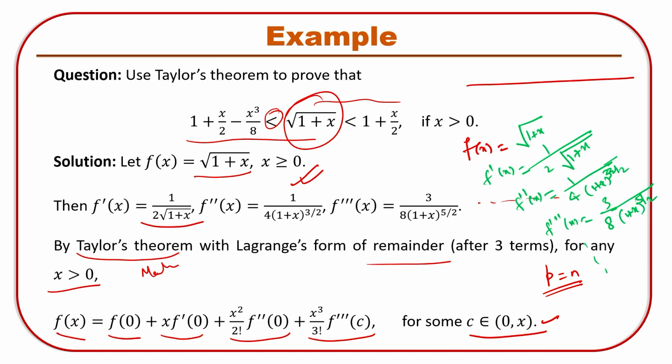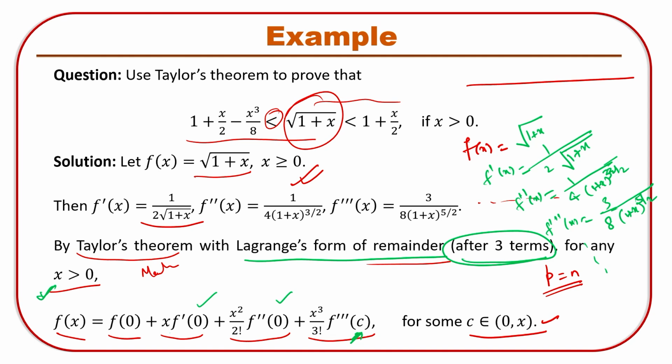Now, I am interested only in taking the remainder term after 3 terms, the Lagrange form of the remainder after the given 3 terms. Since x is greater than 0, f of x can be written as f of 0 plus x into f dash of 0 plus x square by factorial 2 f double dash of 0 plus x cube by factorial 3 f triple dash of c, some number lying between 0 and x.